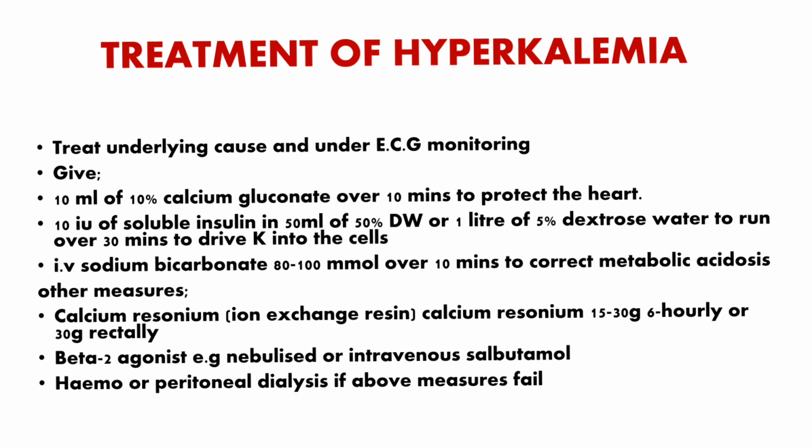Other drugs like beta-2 agonists, for example, nebulized or intravenous salbutamol. Hemodialysis or peritoneal dialysis if all the above measures fail, or in a patient presenting with potassium more than 6.5 millimoles.